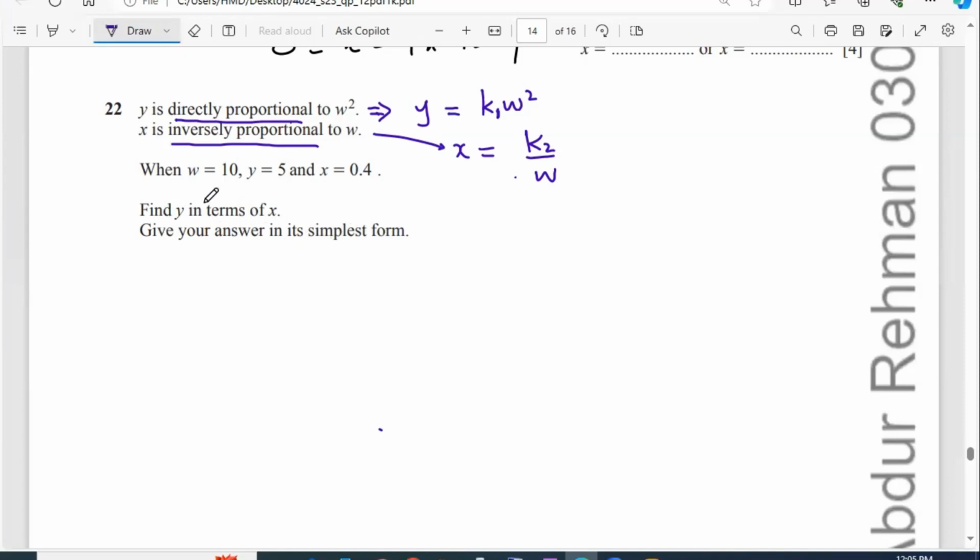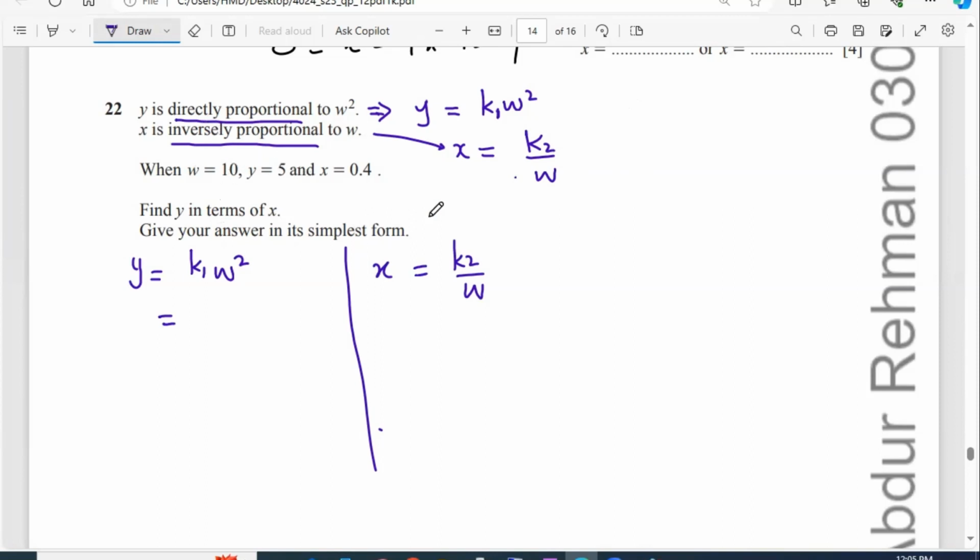So in this question, we have to find Y in terms of X. What will we do? We take both equations, equation number 1 and 2, which are Y equals K1 W square and X equals K2 over W. With the help of W and Y, find K1.